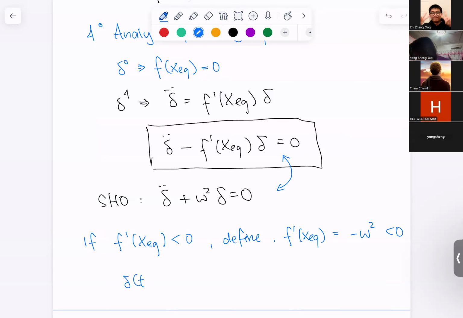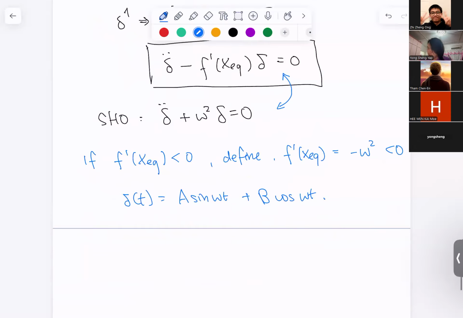Then I know that delta of t must be equal to some sine oscillation plus cosine oscillation, where a and b are real numbers completely fixed by your boundary conditions.